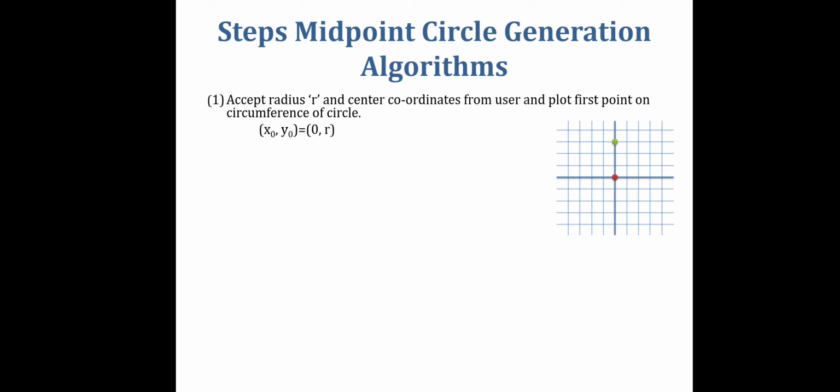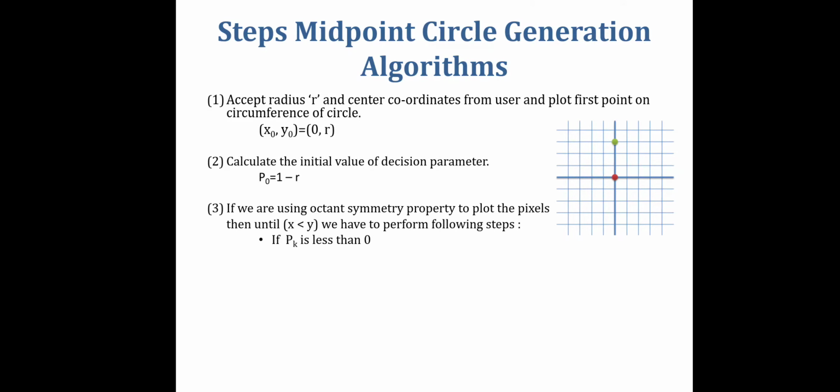In this way I am plotting (0, r). The next thing you have to calculate is the initial value of the decision parameter. Last time we saw the initial value of the decision parameter, that is p = 1 - r. Actually it is 5/4, but we are rounding off that 1 point something as 1 - r. So the initial value is 1 - r.